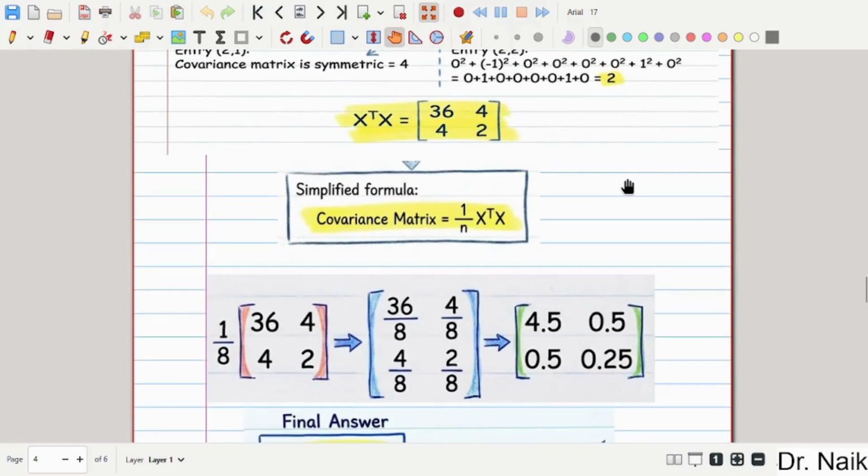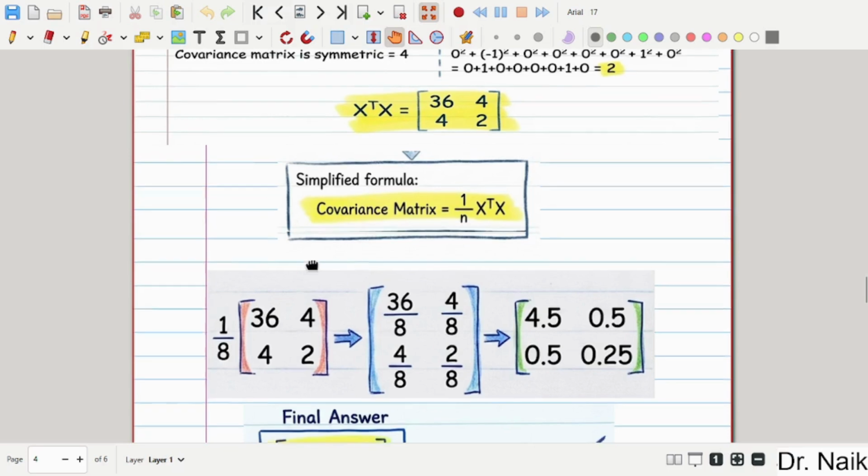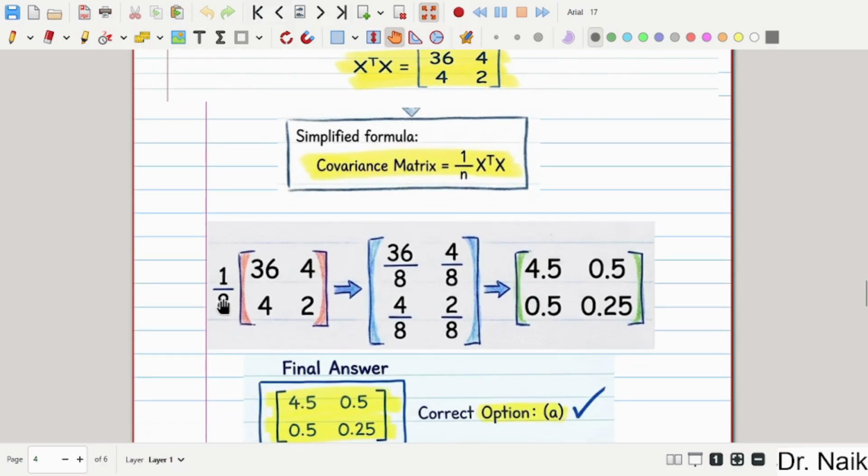Now substitute this value in our covariance matrix, that is 1 upon n multiplied by X transpose into X. n means total number of samples. It is given as 8. Therefore 1 upon 8 multiplied by X transpose X matrix 36 4 4 2 will give 36 divided by 8, 4 divided by 8, 4 divided by 8, 2 divided by 8.